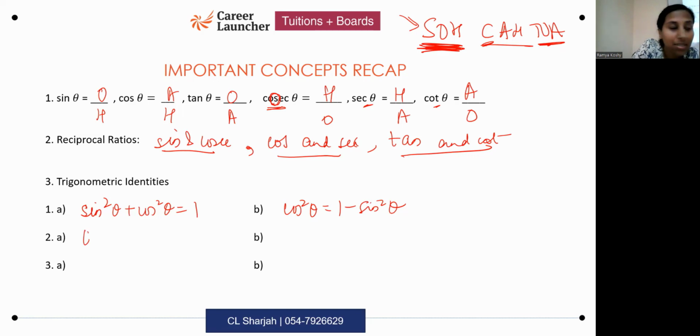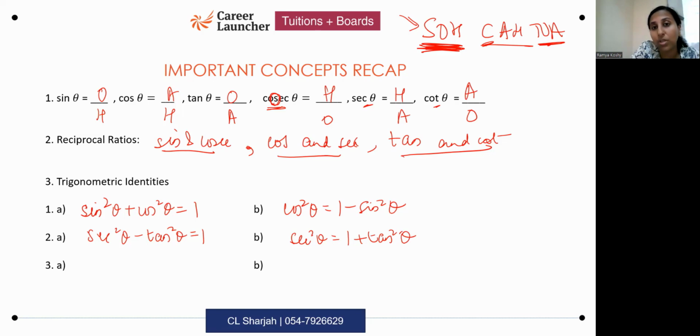Remember, sec square theta minus tan square theta is 1, or you can say sec square theta is 1 plus tan square theta. If there is a specific order in which you already remember this, that's okay. Only thing is you must know how to rearrange it correctly depending on the requirement.